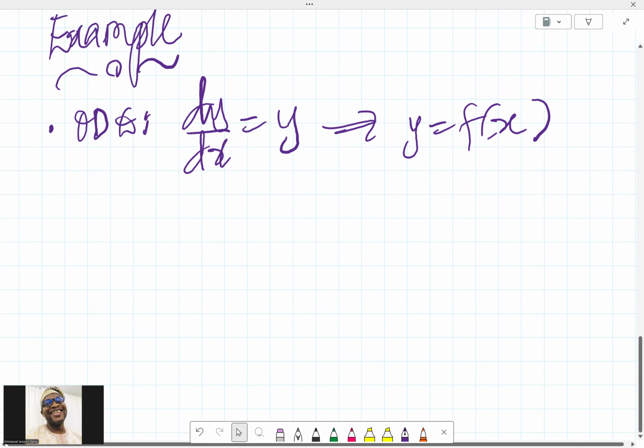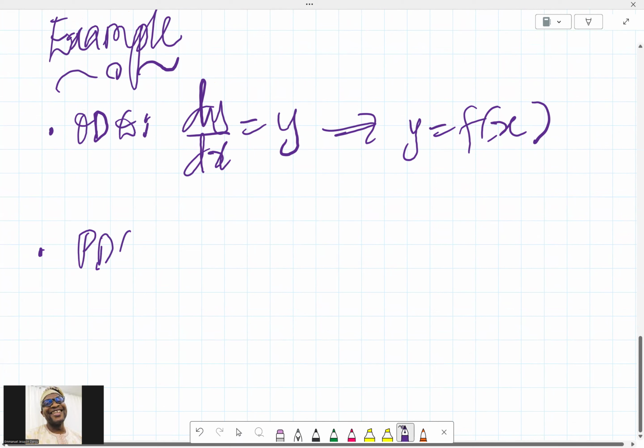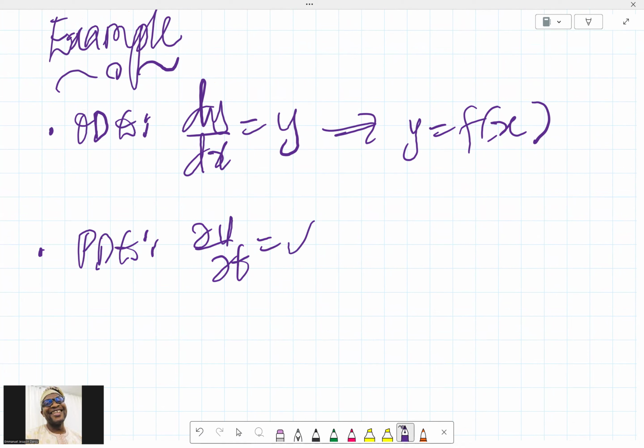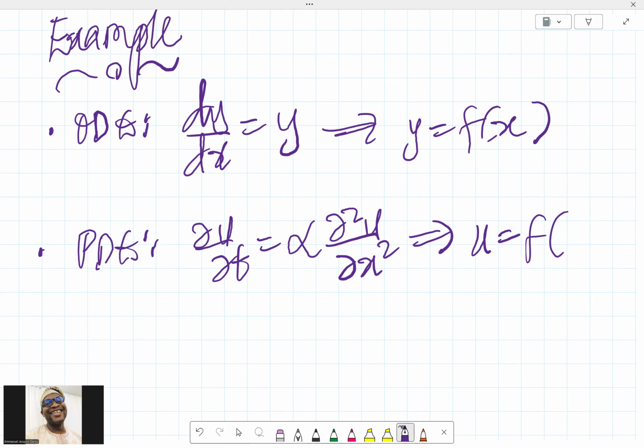On the other hand, we can have a PDE. A PDE can now be partial u partial t equals alpha times partial squared u partial x squared. So in this case, you have u as the dependent variable. It means u here is a function of both space and time.